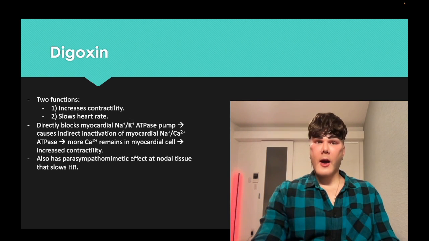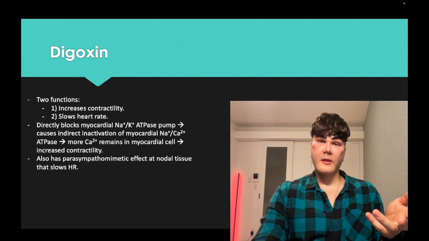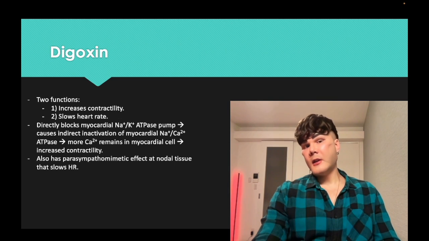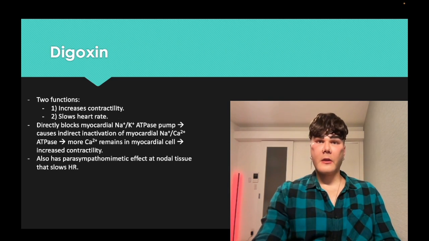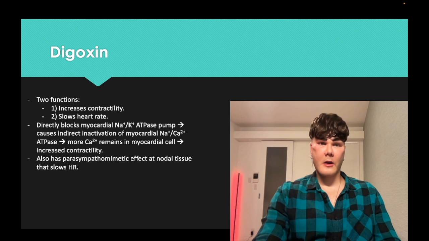That's going to result in a buildup of sodium within the cell. And by building up the sodium within the cell, you're going to indirectly inactivate the sodium calcium transporter, where it's not going to want to bring sodium into the cell as a result, and therefore calcium won't leave the cell. So if calcium builds up in the myocardial cell, you get increased contractility, okay?